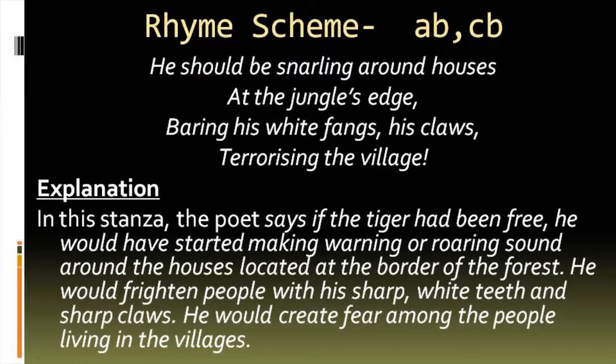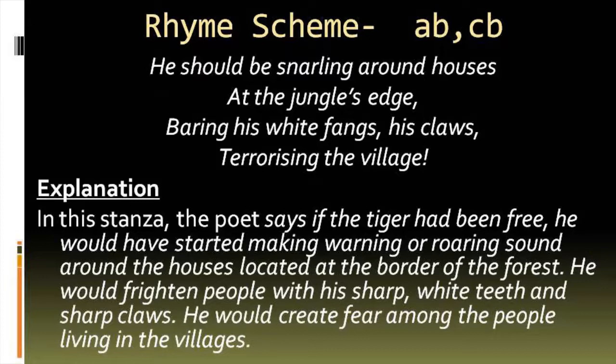So here the poet says that if he were out, the same kind of point of view continues in this stanza also. The poet says that he should be snarling around the houses at the jungle's edge. Jungle's edge means at the border of the jungle. So the houses available at the border of the jungle would be full of the sound made by this animal.